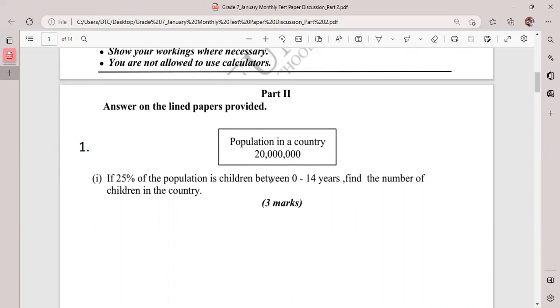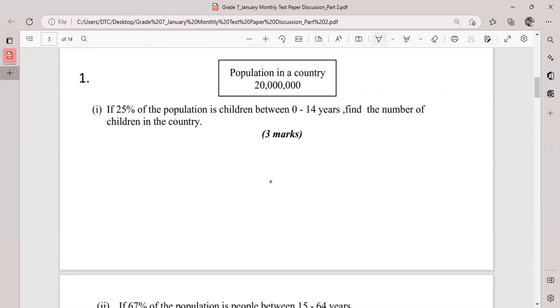Here they have given us a detail about the population in a country. It is 20 million. We'll see what questions we want to answer out of the details that we have. If 25% of the population is children between 0 to 14 years, find the number of children in the country.